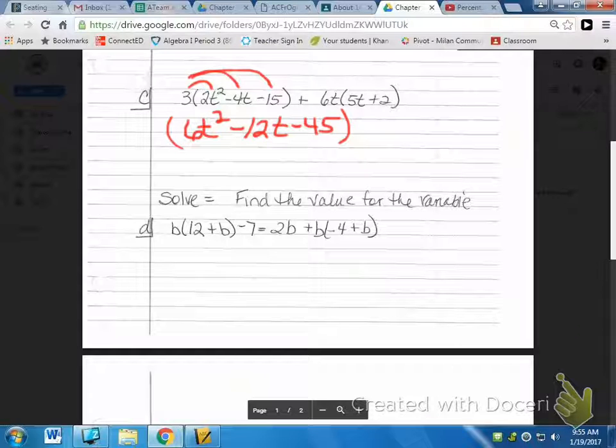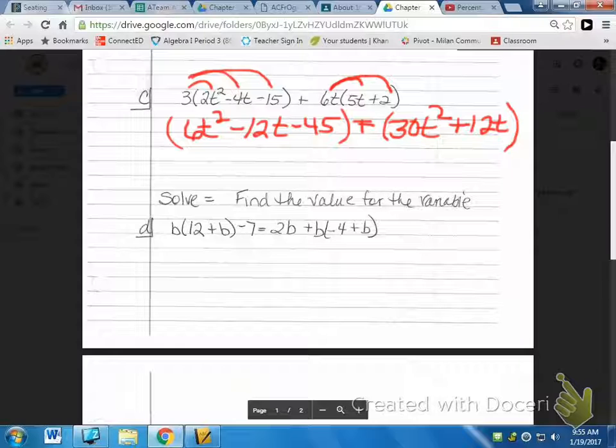Now, we're going to add to it, we've got 6t times 5t. 30t squared. Okay, and 6t times 2. 12t. So, what you've got to do now is combine like terms while also putting it in standard form.